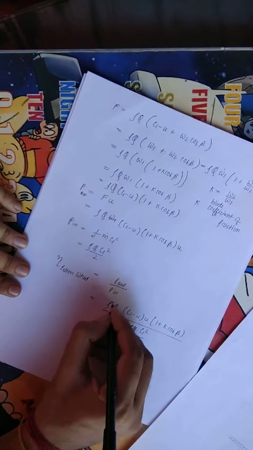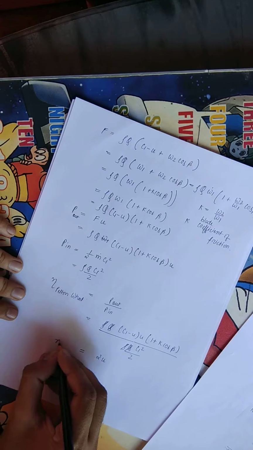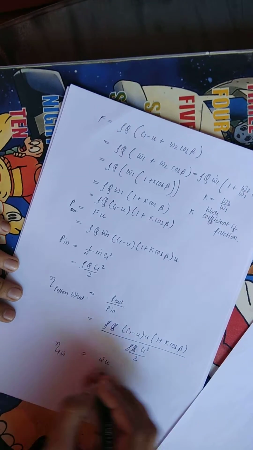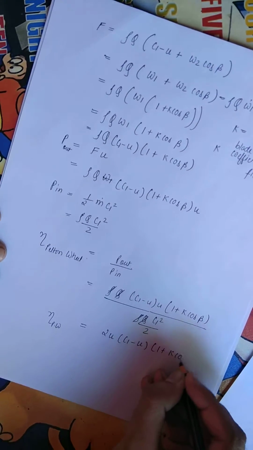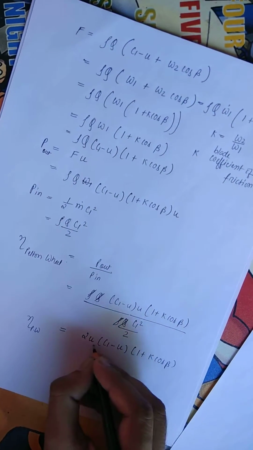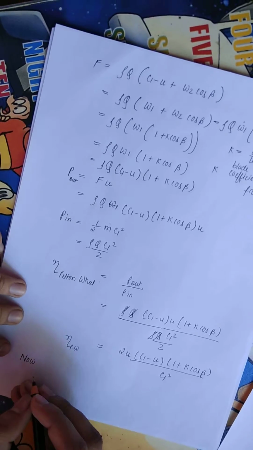Now rho Q will get cancelled, so we have 2u (c1 minus u)(1 plus K cos beta) by c1 square.